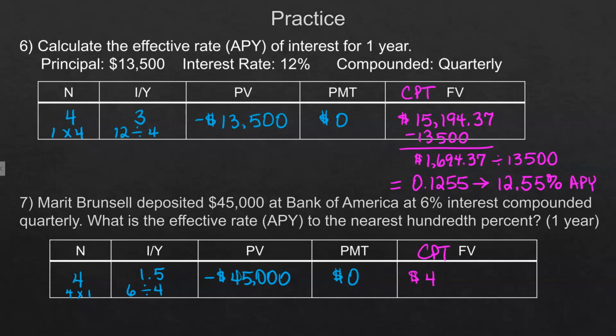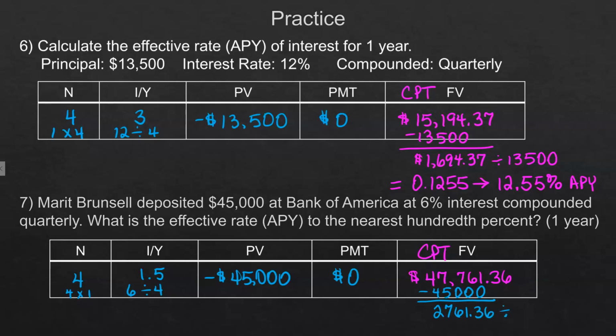In 1 year's time, it has grown to $47,761.36. To find out how much we've earned, we would subtract our original principal amount. So the interest earned is $2,761.36.